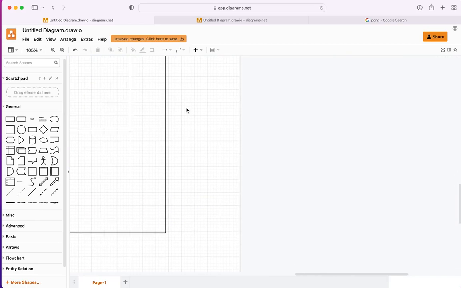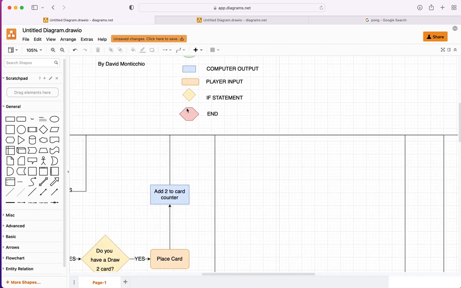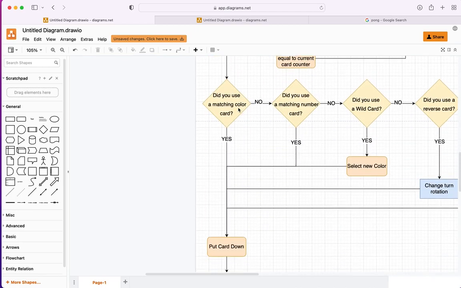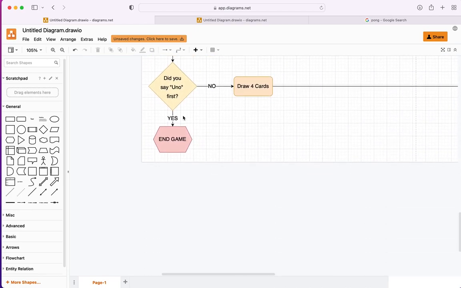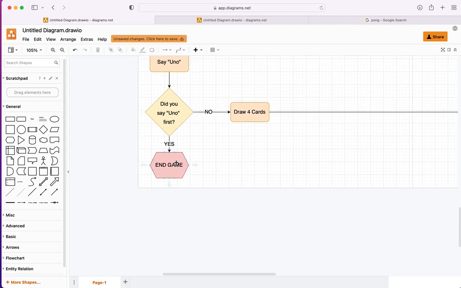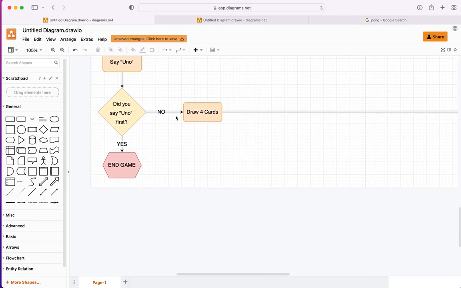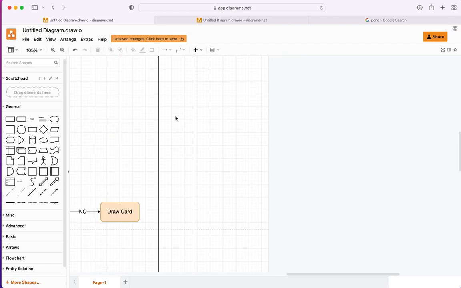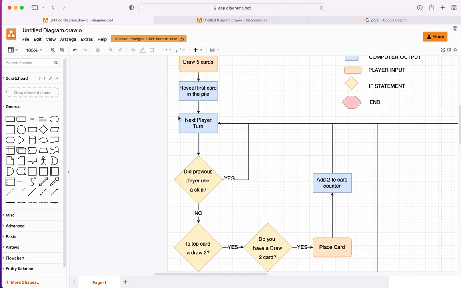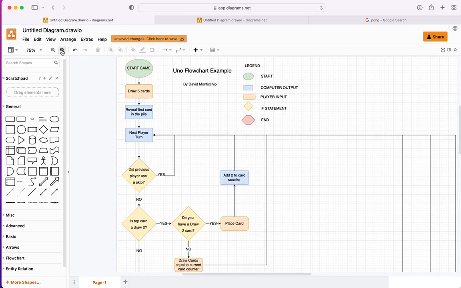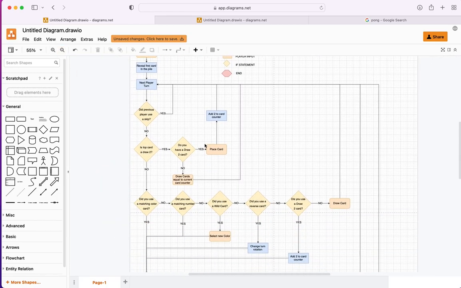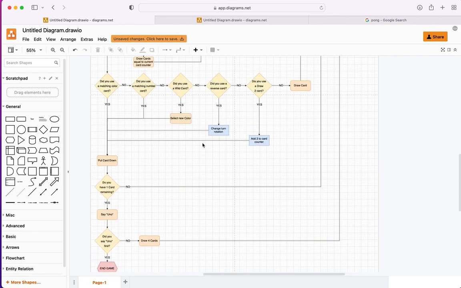If no, follow the line all the way back up here, it's the next person's turn. But if yes, you say Uno. Did you say Uno first? If yes, you win the game. But if no, well, draw 4 cards. And next person's turn.